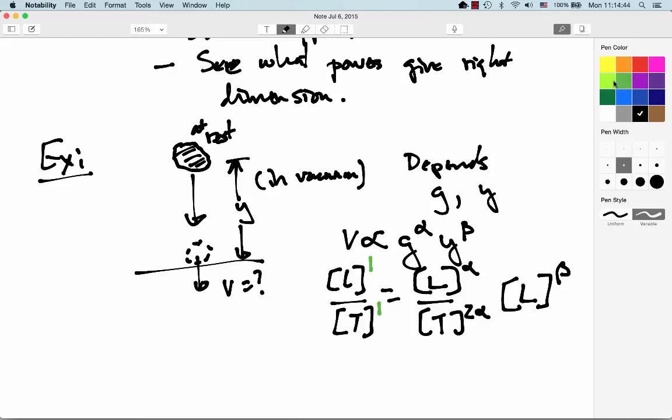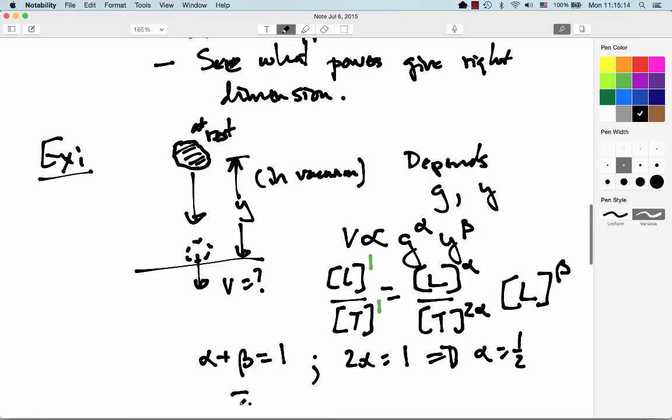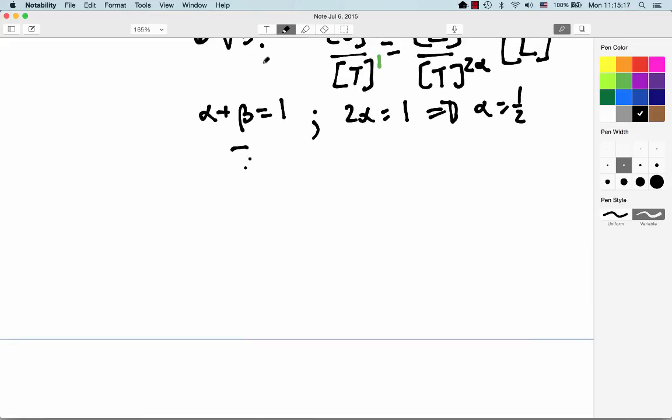So that means that alpha plus beta has to equal 1 for the numerators to work out. And for the denominators to work out, we get that 2 alpha has to equal 1. Well, that immediately gives us that alpha is equal to 1/2. And then sticking back in over here, that yields for us that beta equals 1/2 as well.